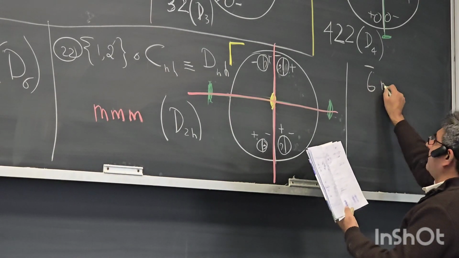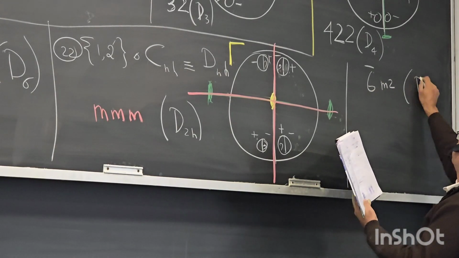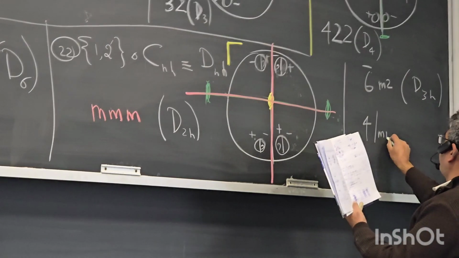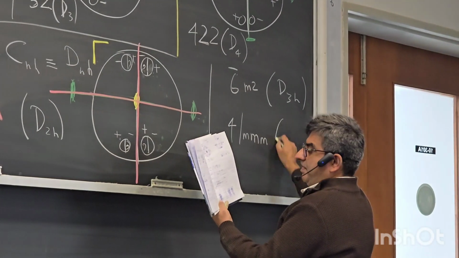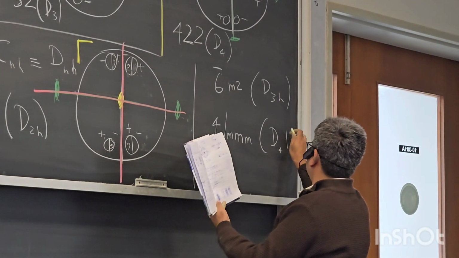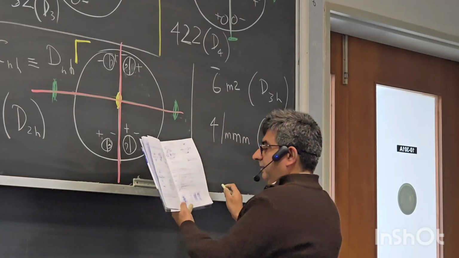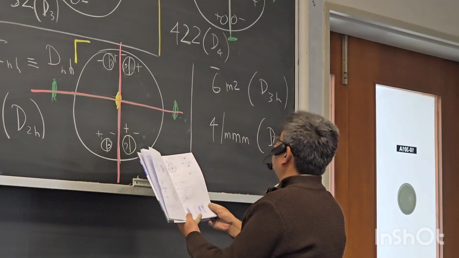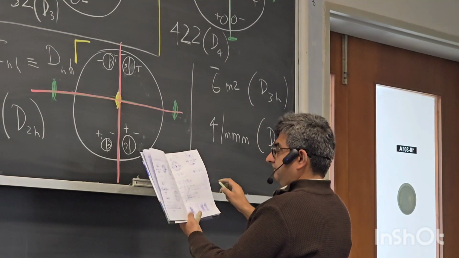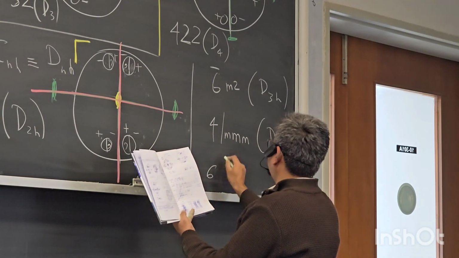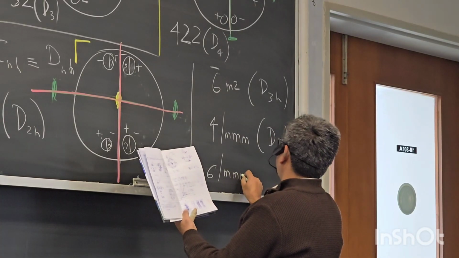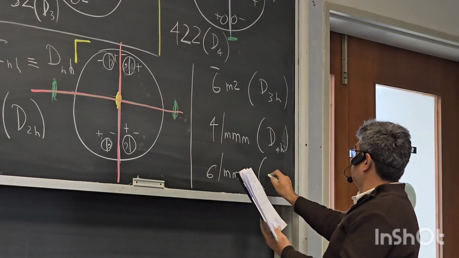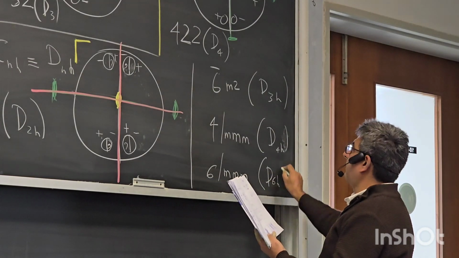Six bar M2, old symbol D3H, 4 N N N, D4H and 6H, right?